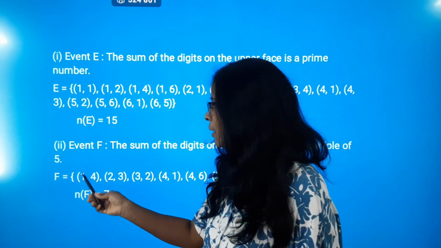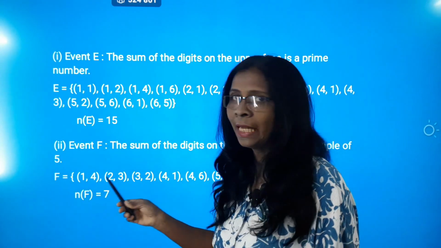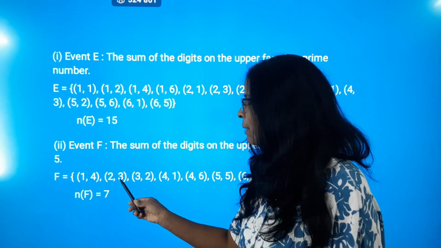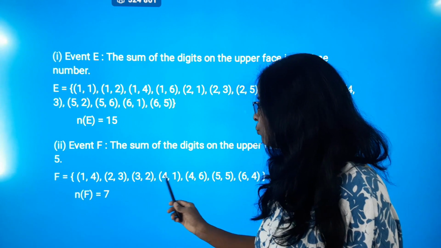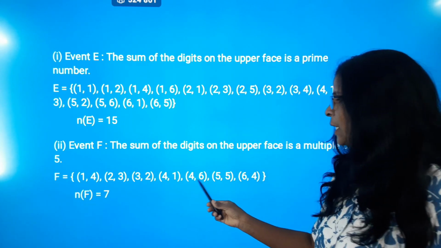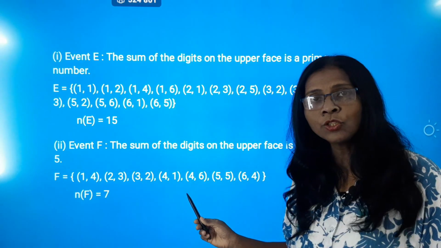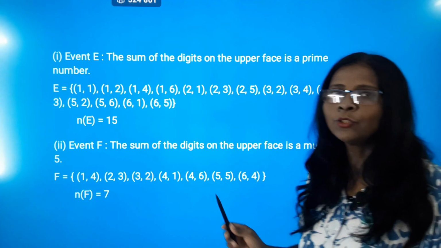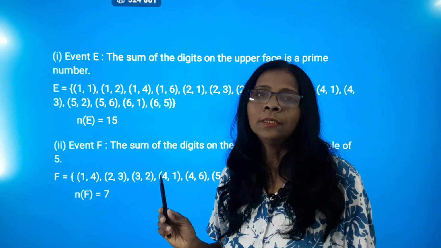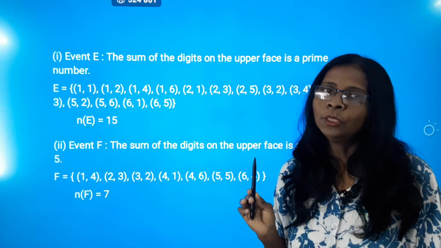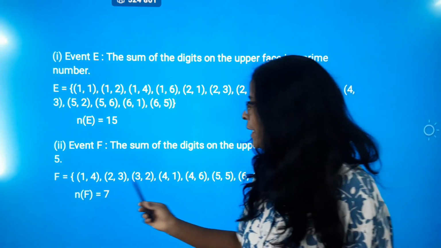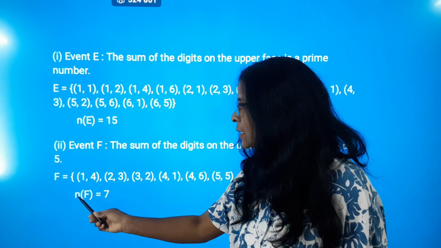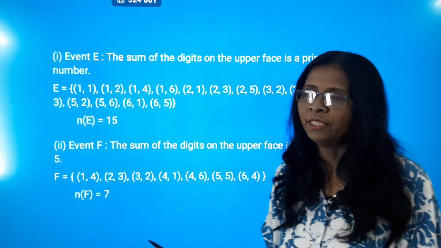If you add these numbers, 1 plus 4 is 5, that is a multiple of 5. 2 plus 3 is equal to 5, multiple of 5. 3 plus 2 is equal to 5. 4 plus 1 is equal to 5. 4 plus 6 is equal to 10, it is also a multiple of 5. 5 plus 5 is 10. 6 plus 4 is 10. So the sum of these numbers is a multiple of 5. How many elements are there? So here the number of sample points n of F is equal to 7.